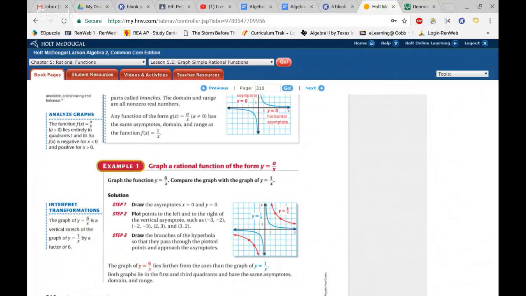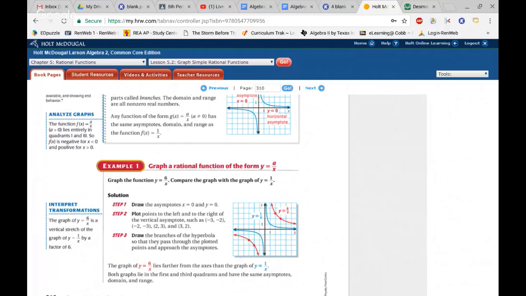Does that make sense? Yes. And then you'll see -2, -3, and that's 2 and 3. That's going to be true because the parent graph in an inverse function is what's called a hyperbola. So they are going to mirror one another on the simple rational functions.